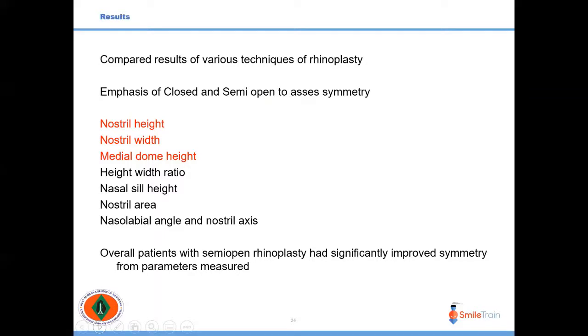And in all the studies, it was found that patients who had the semi-open rhinoplasty with this technique had significantly improved symmetry in all the parameters measured, as compared to those who had the closed rhinoplasty technique.